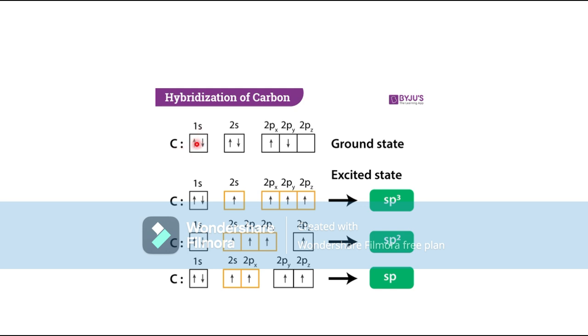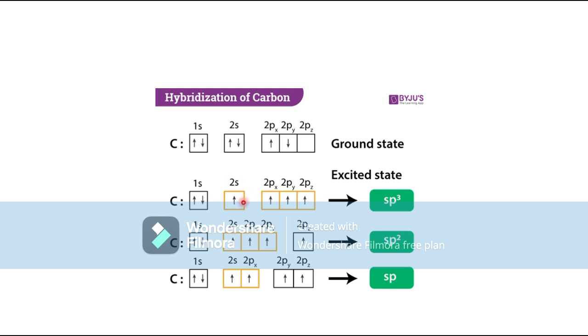In the orbitals, 1s contains 2 electrons with opposite spin, and 2s contains 2 electrons, and the 2px and 2py orbitals are also occupied, because carbon has 6 electrons. So this is how the orbitals are occupied at the ground state.